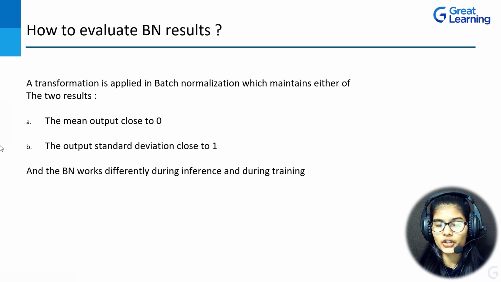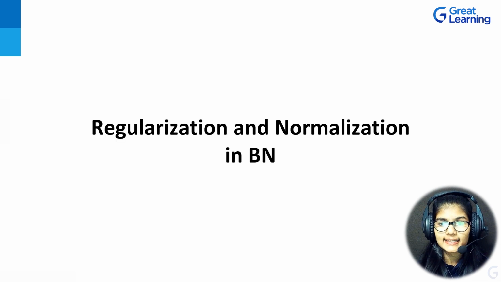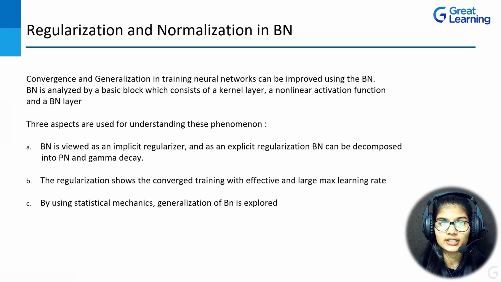Right, now let's jump on to the next topic for our batch normalization. Let's understand the regularization and the normalization in batch normalization. What are these two terms and how are they used in batch normalization? Let's learn about those. Let me take you to the second slide.